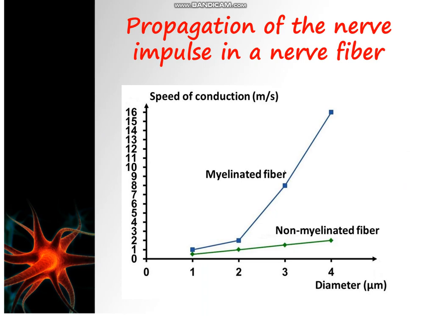We can draw out that the speed of conduction increases with the increase of the diameter of the fiber. And for the same diameter, the speed of conduction in the myelinated fiber is greater than that in the non-myelinated fiber. And what's the origin of this difference?